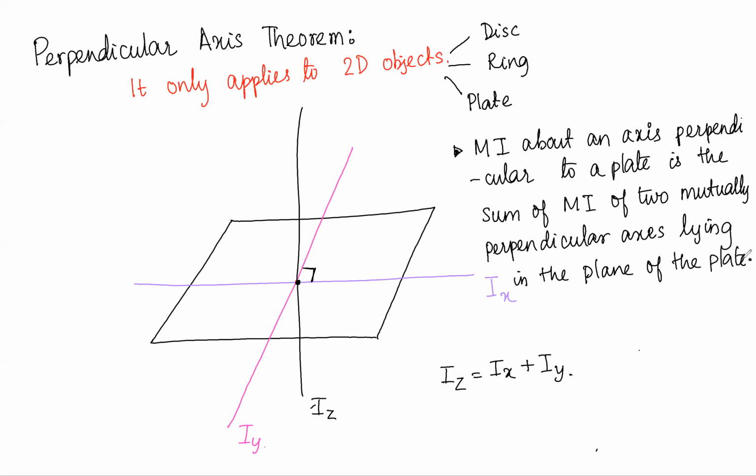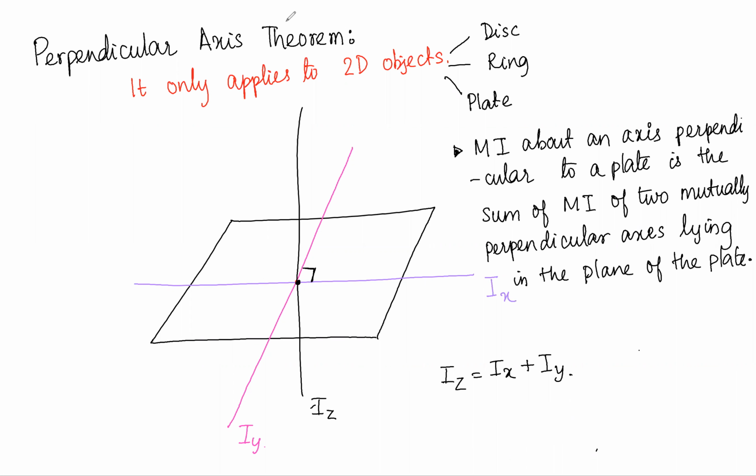Instead of a long definition, just see what I'm saying. Iz is equal to Ix plus Iy. So can you say Ix is equal to Iz plus Iy? No, that's wrong. Why? Because Z and Y are not lying in the plane of the plate. So the only thing you can say is Iz is equal to Ix plus Iy.